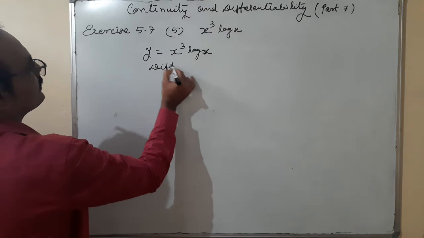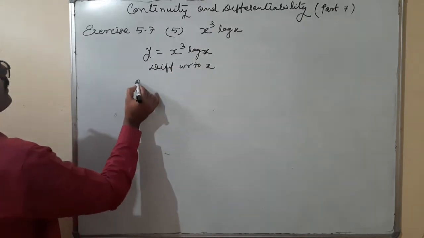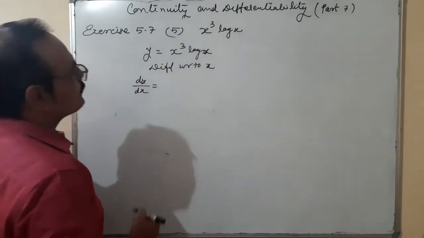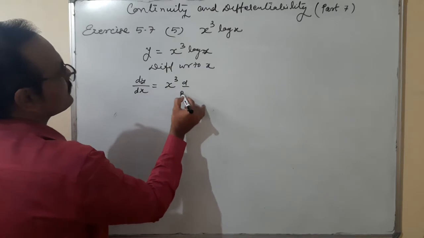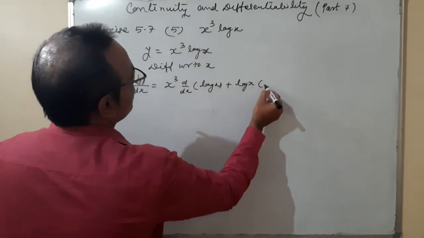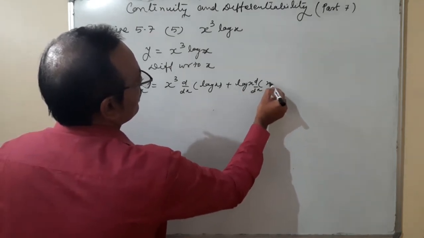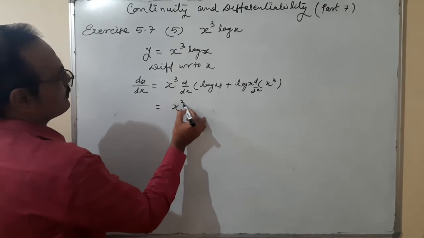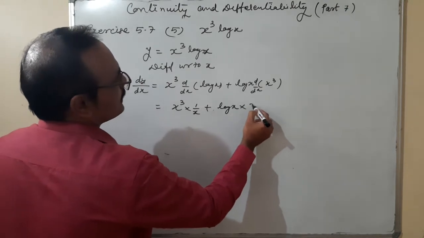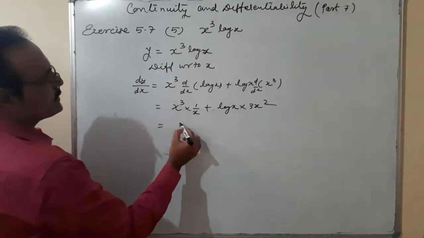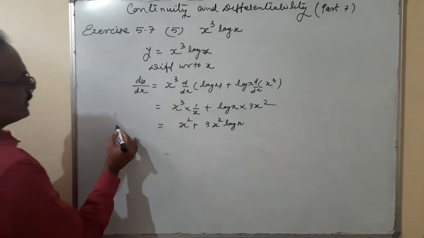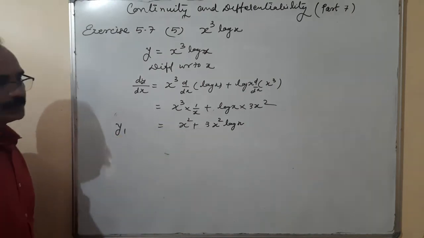Differentiate with respect to x, dy by dx is equal to, there are two functions, so using the product rule: first function x cube, differentiation of second function log x, plus log x and differentiation of x cube. The result: x cube, differentiation of log x is 1 upon x, plus log x and differentiation of x cube, 3x square. 1 x cancels, so x square plus 3x square log x. This is y1, the first derivative.